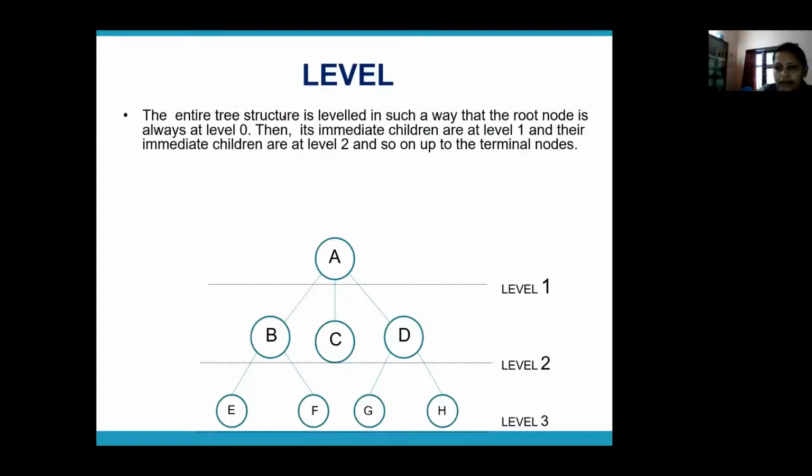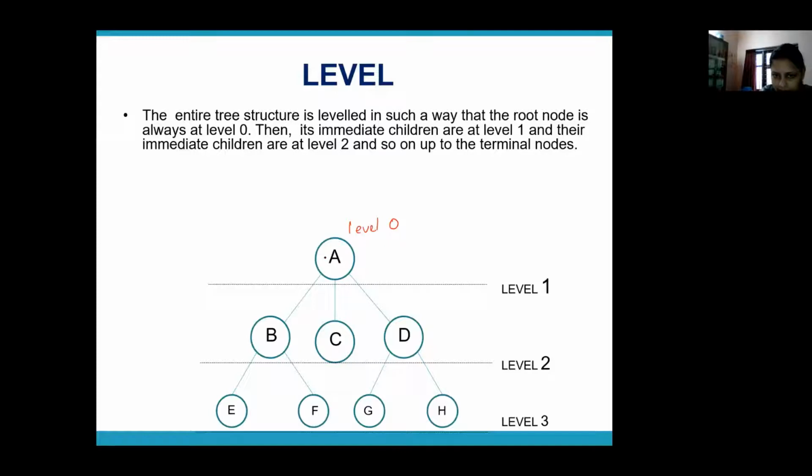The next term is level. These are all important terminologies related to trees that we are discussing. So what is meant by level? You can see here the nodes demarcated by using lines, which denote the level. Understand that the root node is always said to be at level 0.